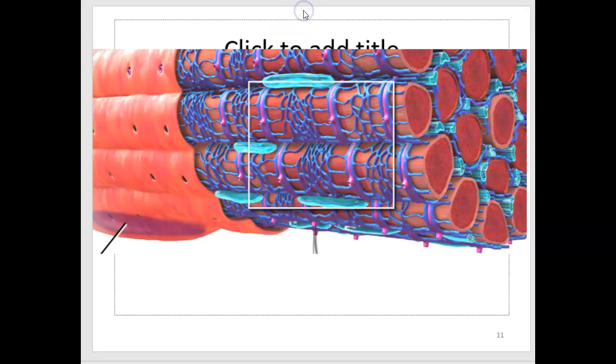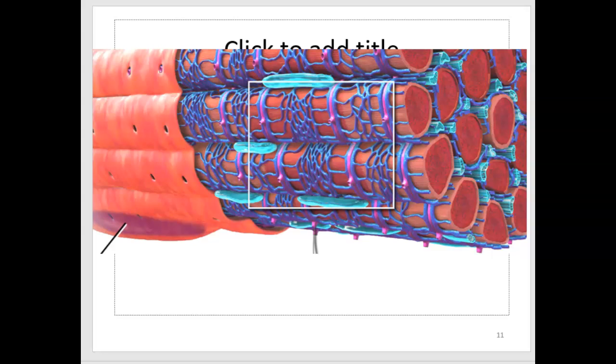And there are also extensions of the cell membrane and those terminal cisterna, which are extensions of the sarcoplasmic reticulum, all located in between the myofibrils. Three-dimensionally, I just really liked this picture. I think it's really cool.